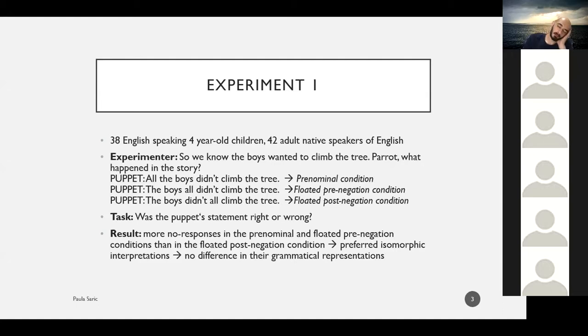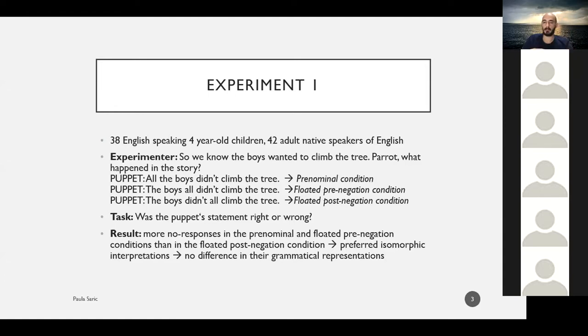So there was an experimenter who told the stories, and there was a puppet as well, and the participants were told that the puppet is not good at paying attention to stories. The children were given a scorecard to fill out with the goal of helping the puppet to learn how to pay better attention.